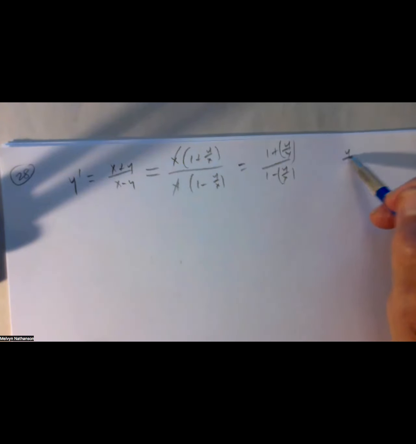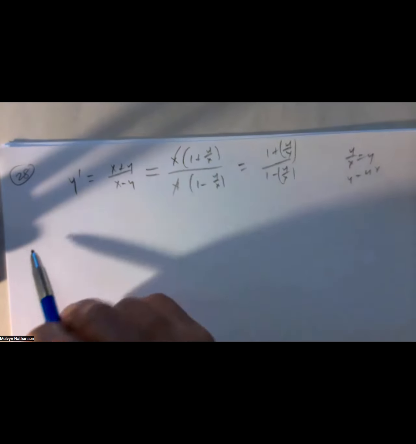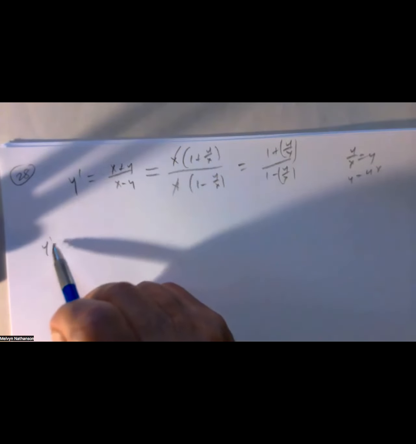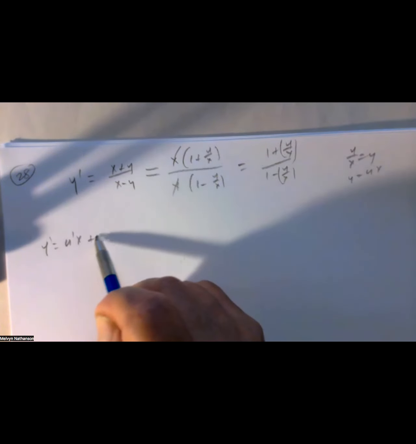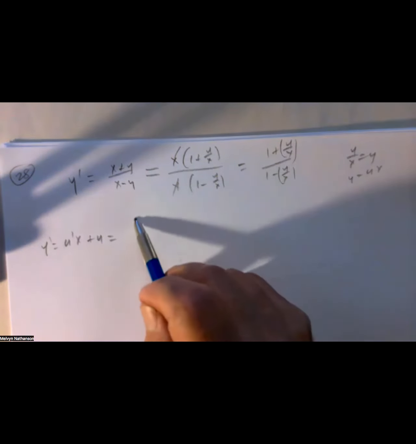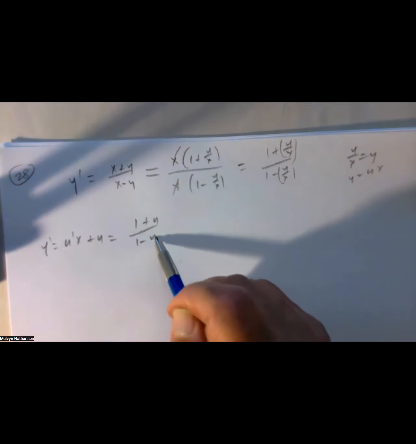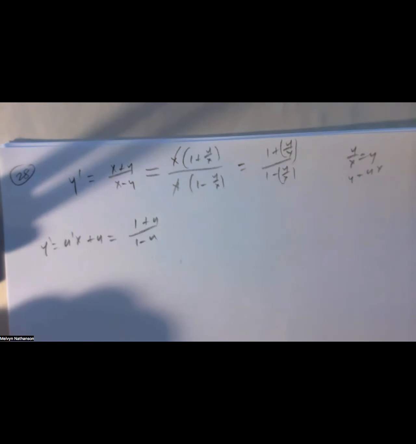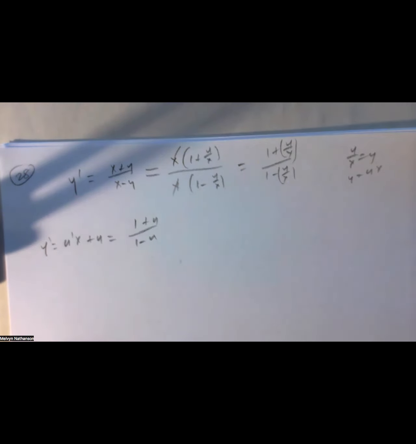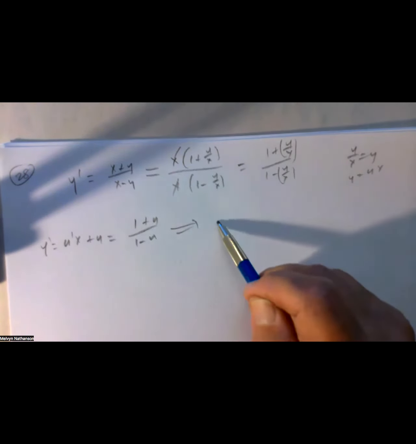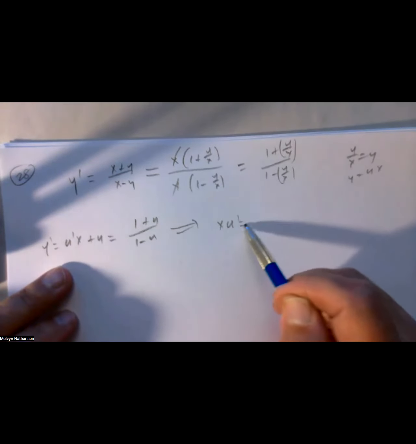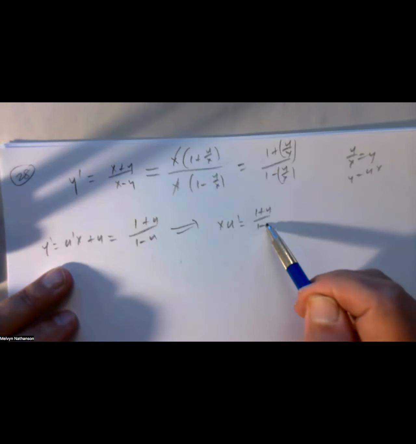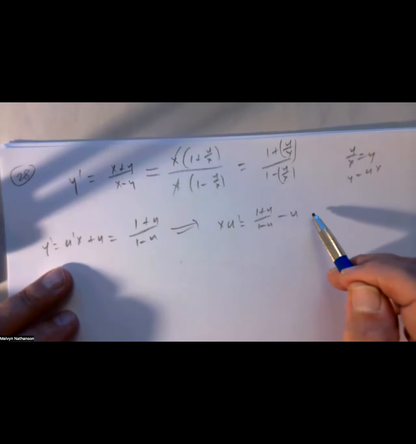So we're going to let y over x equal u, or y equal u x. So we get y prime, which is u prime x plus u, equals 1 plus u over 1 minus u. So x times u prime is 1 plus u over 1 minus u minus u.